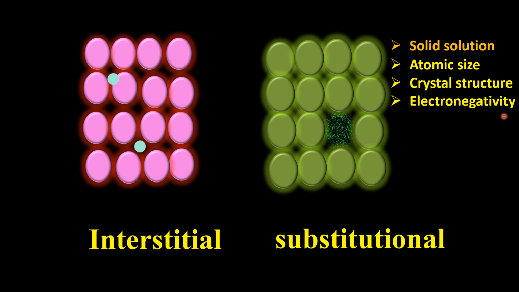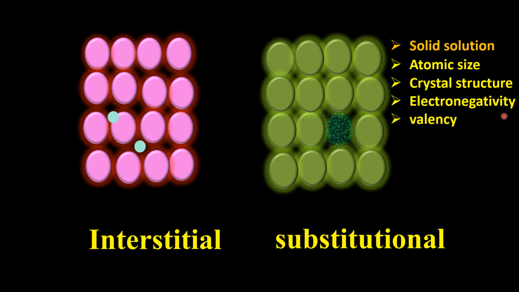Or rather, when one is more electropositive and the other is more electronegative, there will be a greater probability that they make an intermetallic compound instead of a substitutional solid solution.